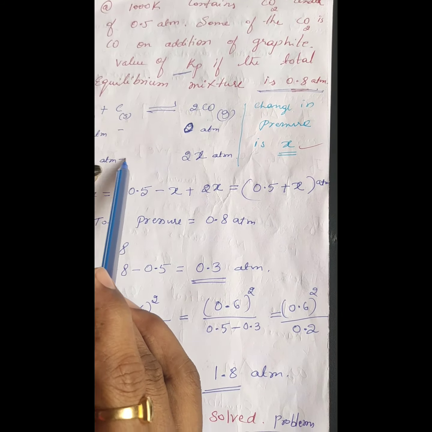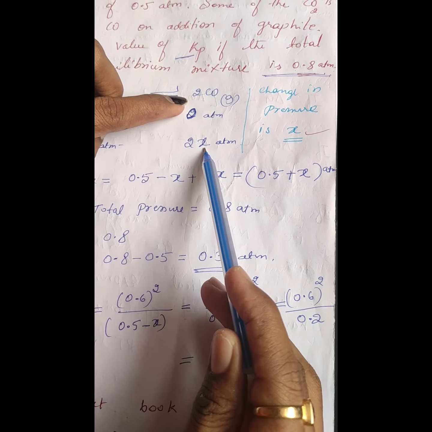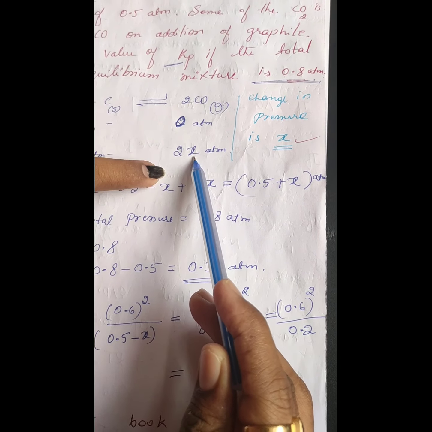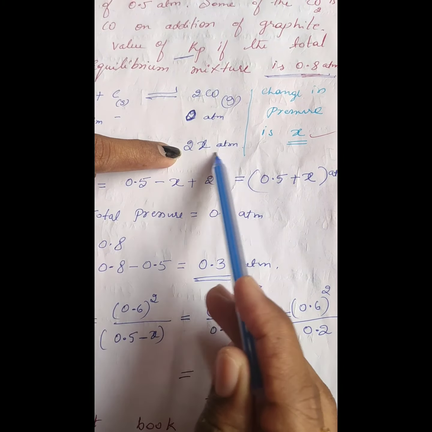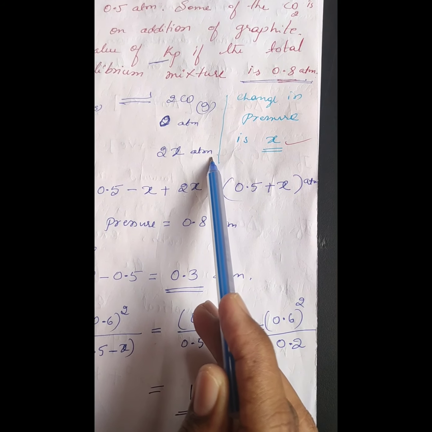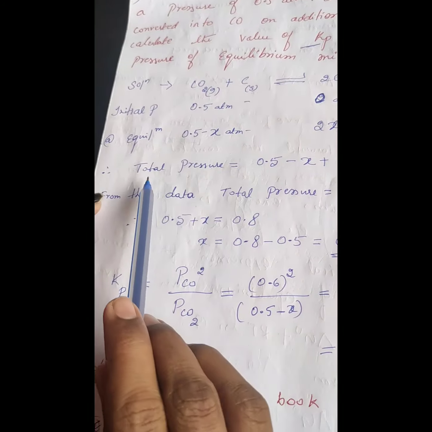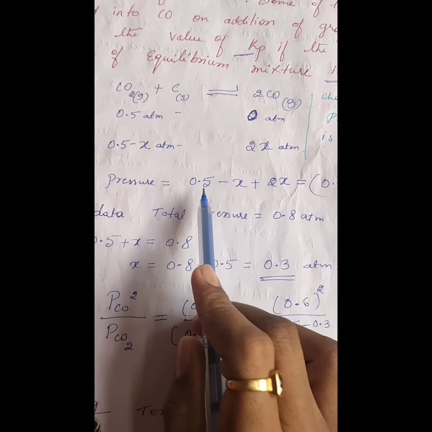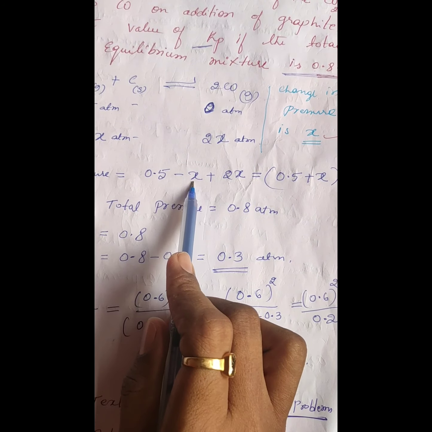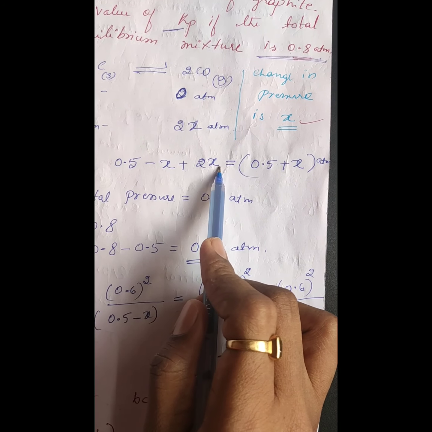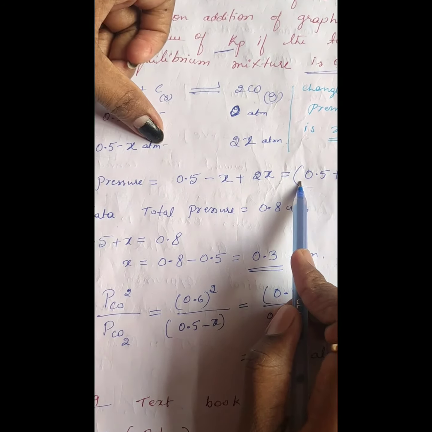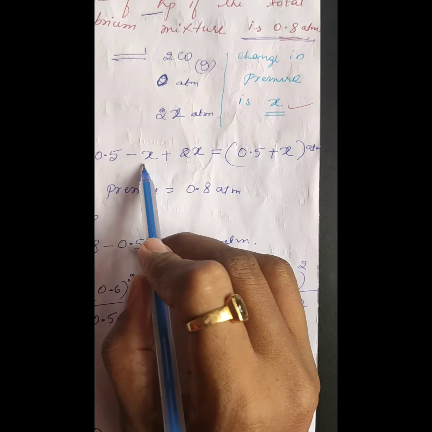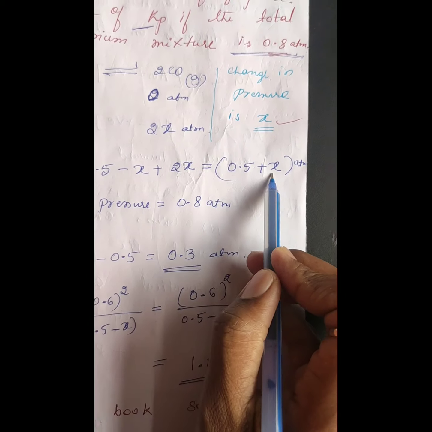Due to that reaction, 2 moles of carbon monoxide are formed, so it will be taken as 2x atm. Therefore, total pressure is equal to 0.5 minus x plus 2x, from the chart.